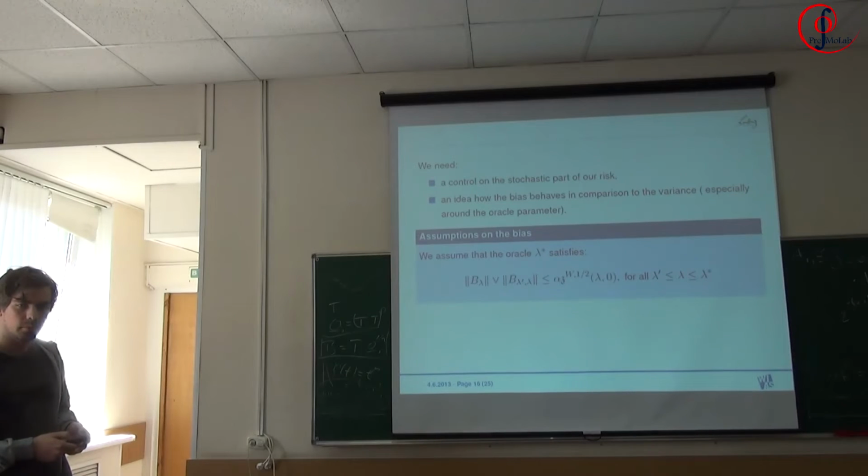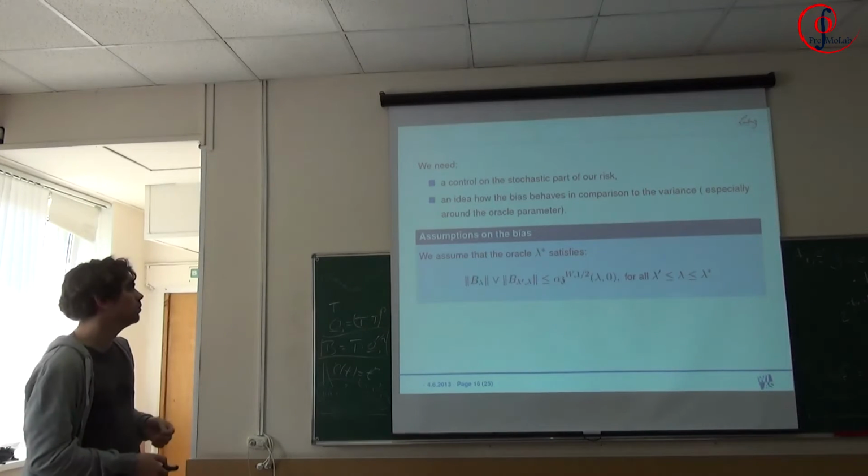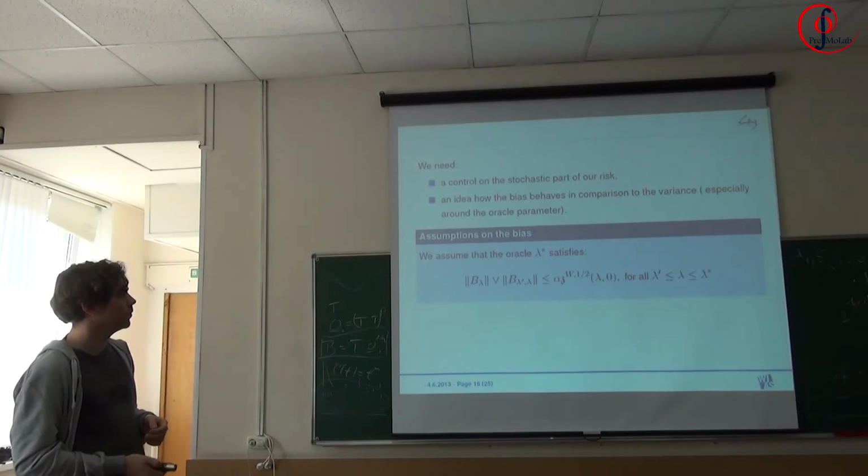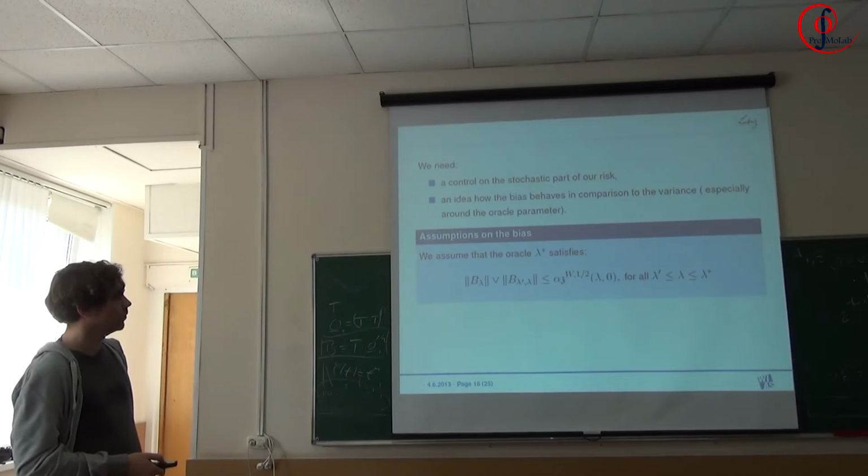You view it as a bias-variance trade-off. Sure. Basically, lambda prime smaller than lambda star means that you penalize less, and therefore the bias is smaller, intuitively. The less you penalize, the smaller the bias.